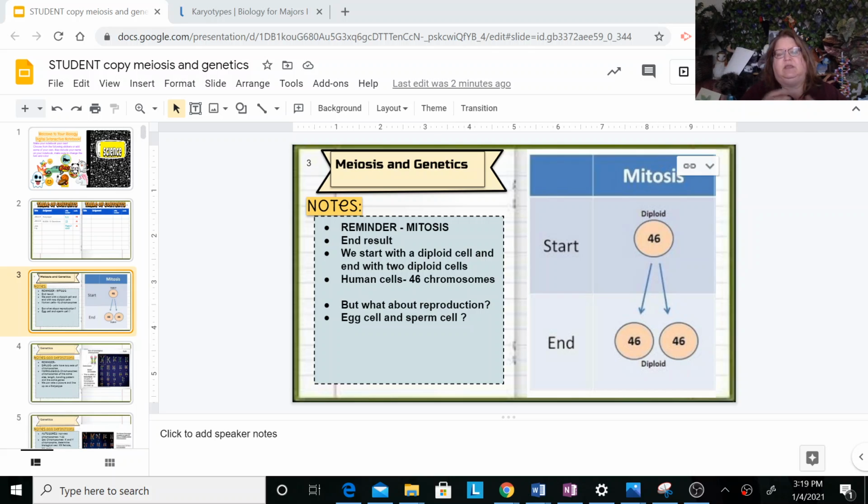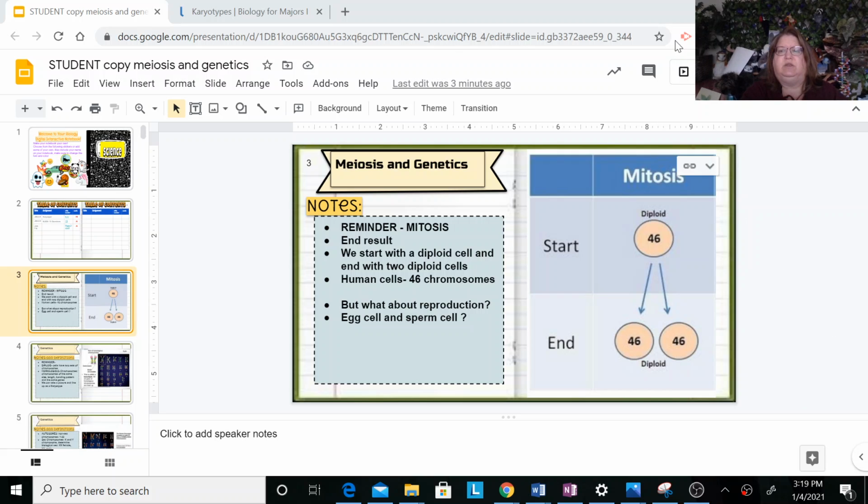By the end of this video, we'll be touching on how that occurs. But first we want to go over how we can identify and observe the different chromosomes in the cells.